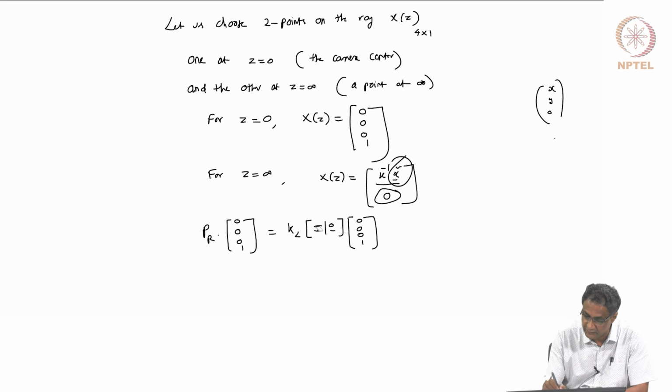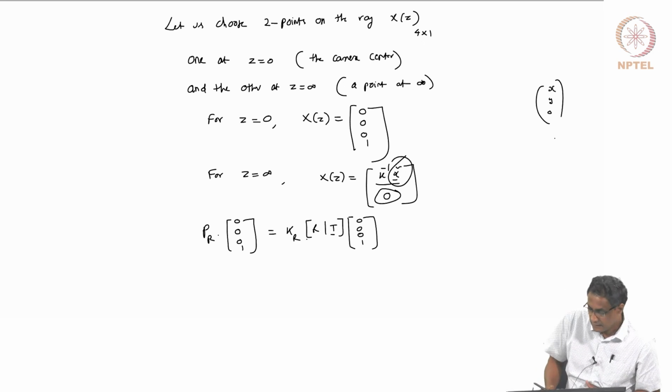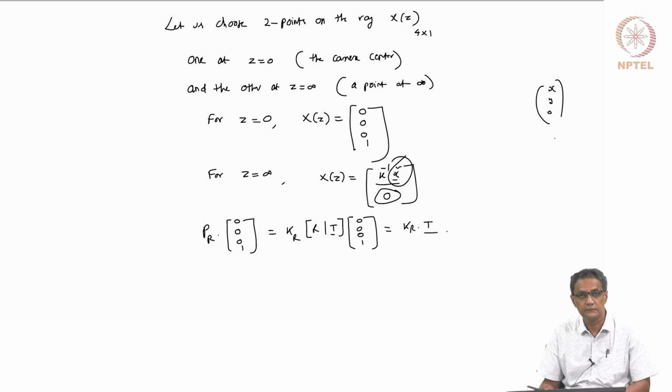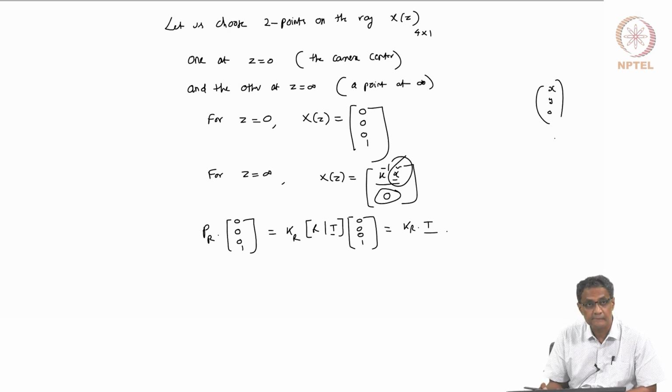One minute, not I 0, it is R T. Oh, I wrote this wrong. This is not K left, this is K_R. K_R, R T, 0 0 0 1, and therefore this will be K_R into T. What will be this point actually?